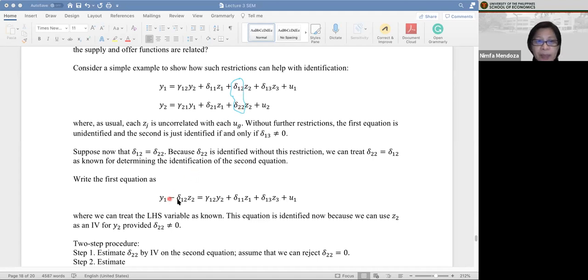So we have y sub 1 minus delta 1,2 z2 is equal to, then we're just left with the four terms here. So we can treat this as known.